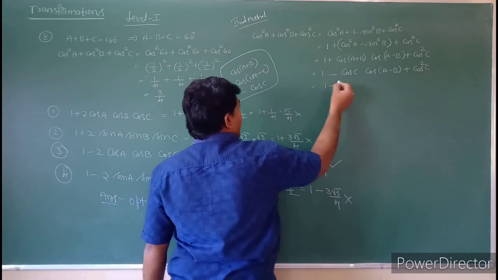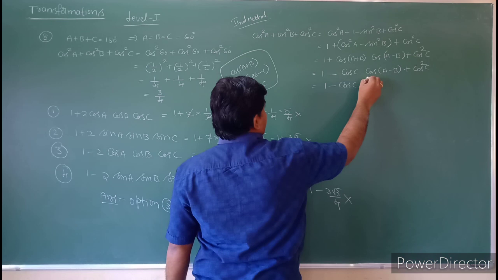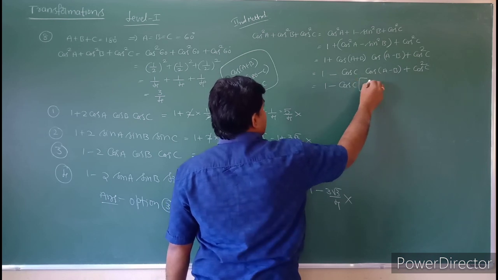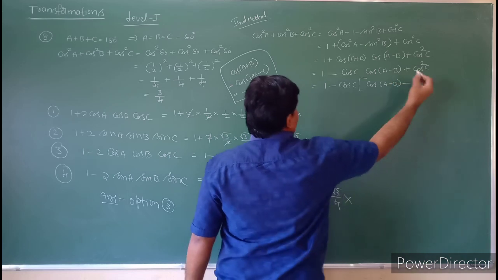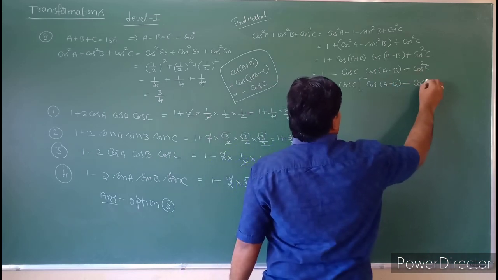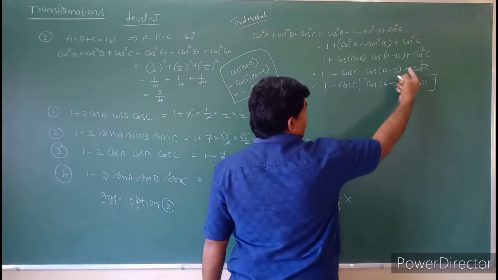So that is 1 minus, I will take cos C common. What remains is cos of A minus B minus cos C. Why? Because I have already taken the minus common. If you multiply inside, you will get the same.